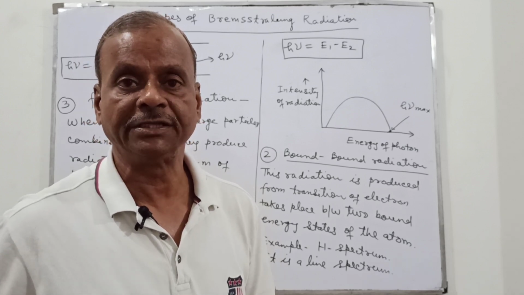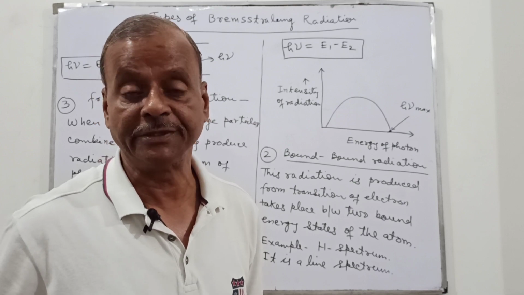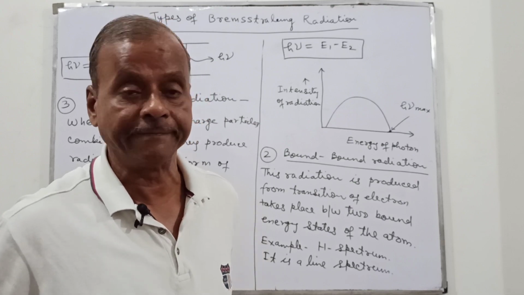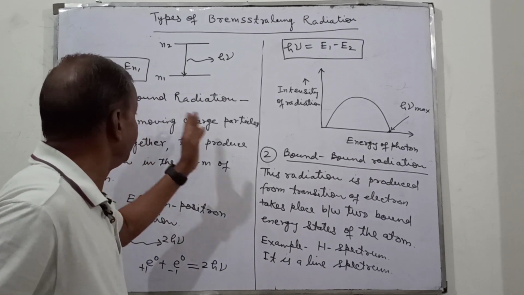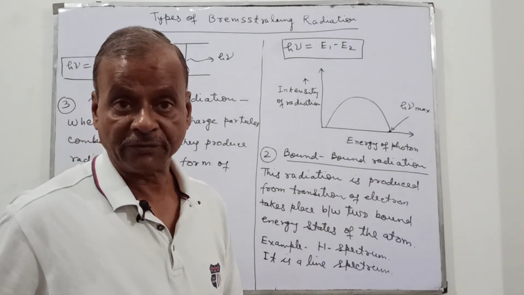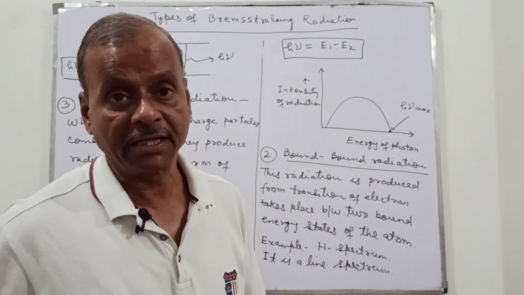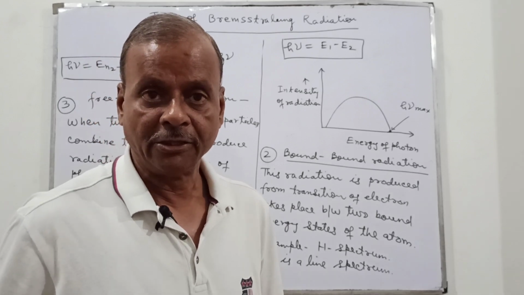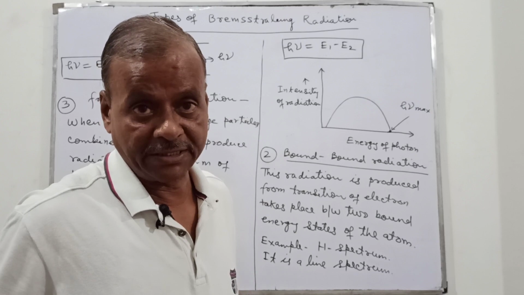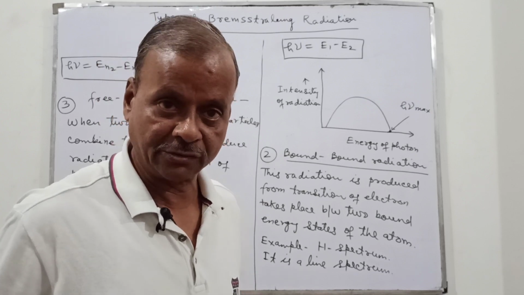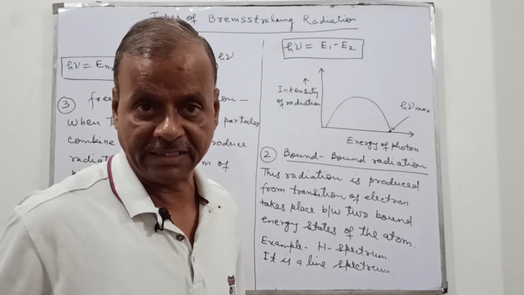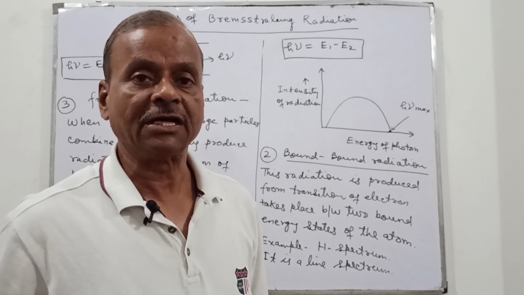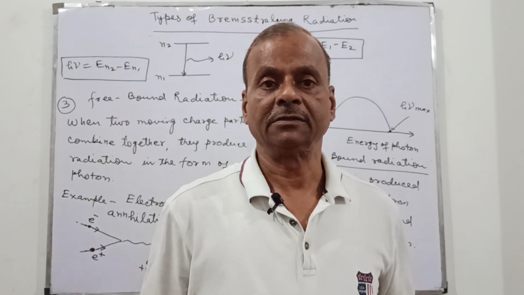That happens when the transition of electron takes place between two bound states of the hydrogen atom. And third, the free bound radiation, when two charged particles combine together, they lose their energy in the form of photon. The best example is electron positron annihilation, where two photons are produced by their annihilation. So these are the types of Bremsstrahlung radiation.